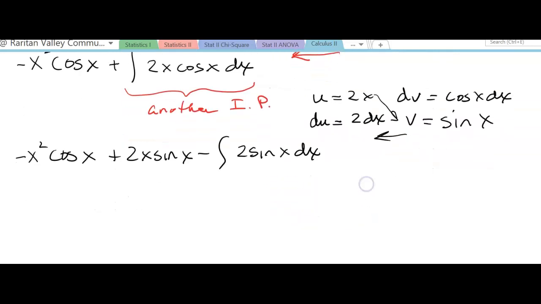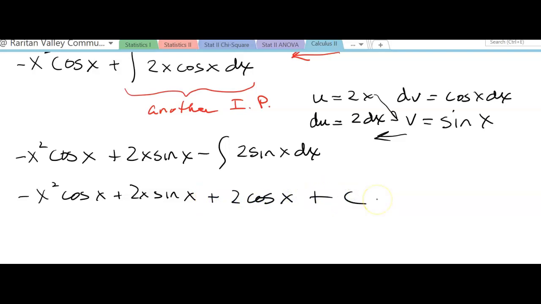I can integrate that, copy the rest of it down again. Minus 2 negative cosine x, right? Because the integral of sine x is negative cosine x, so it becomes plus 2 cosine x plus c.